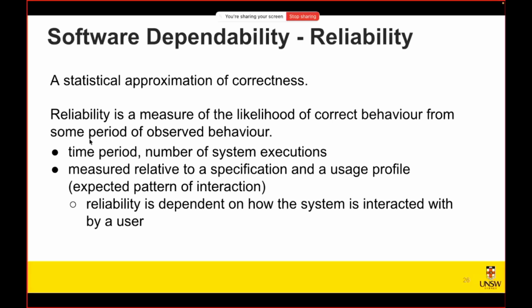So maybe during one period of time, many users are using our service, and during another period, not so many users are using this service. Then it could make a difference, right? So the measurement also depends on the usage profile of the system. Reliability is dependent on how the system is used by the users.